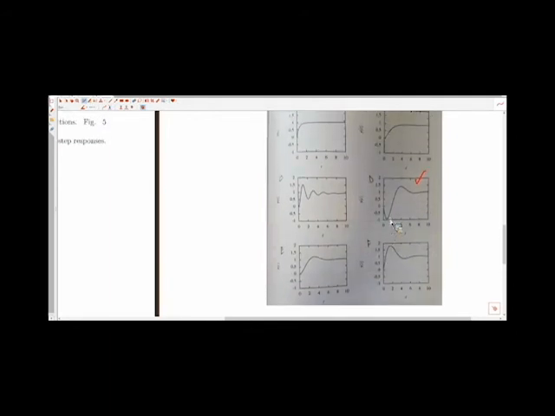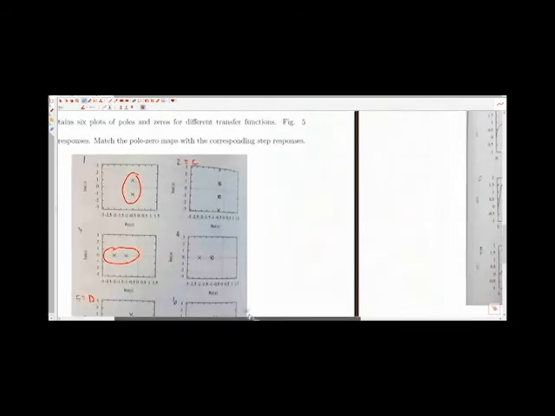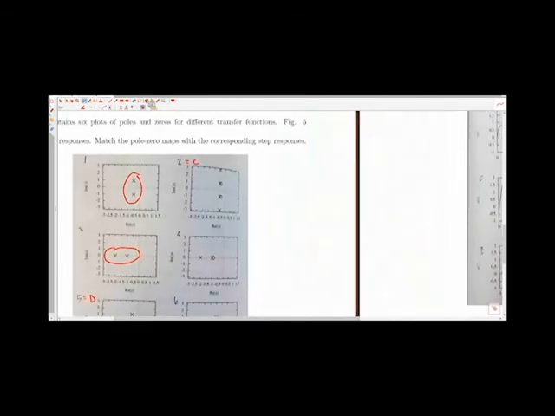So comparing the two, given the fact that the pole locations are exactly the same, we would say that 1 corresponds to E, and then 6 corresponds to F.